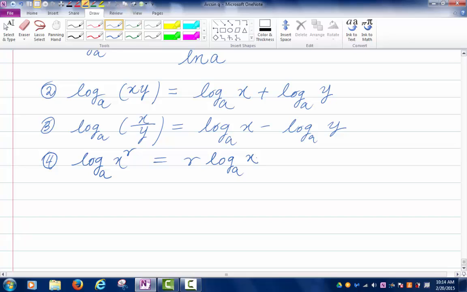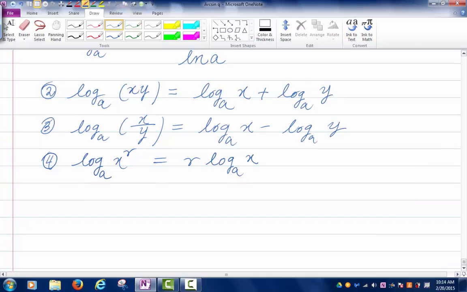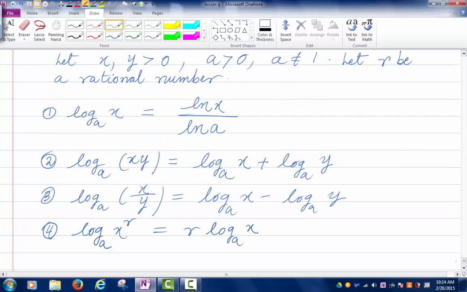We only have number 1 where we are expressing log base a in terms of the natural log function. Is everybody clear on these laws? Do you understand the meaning of each statement?